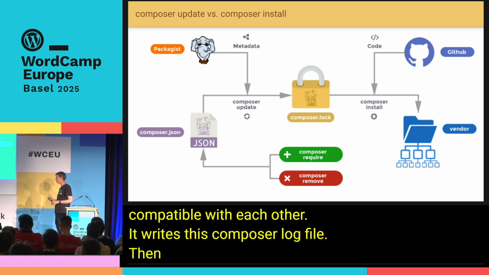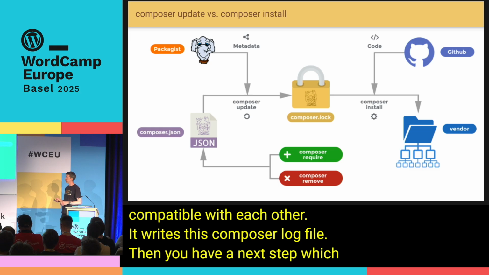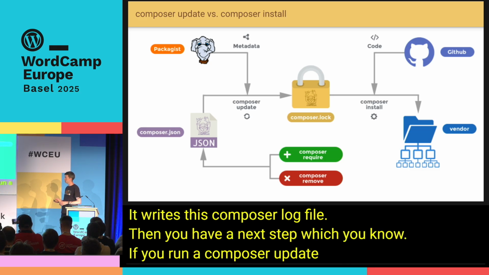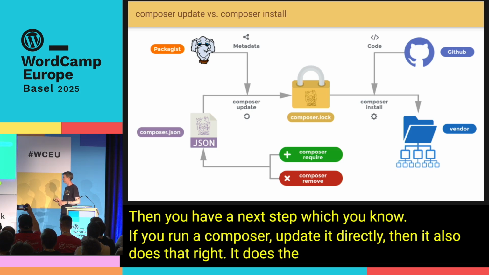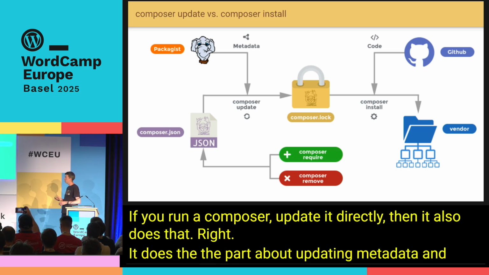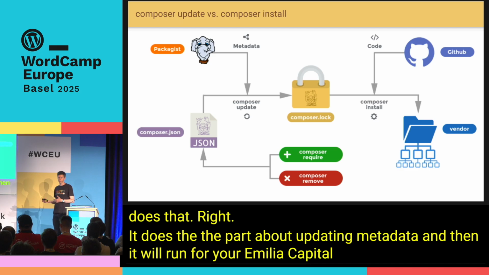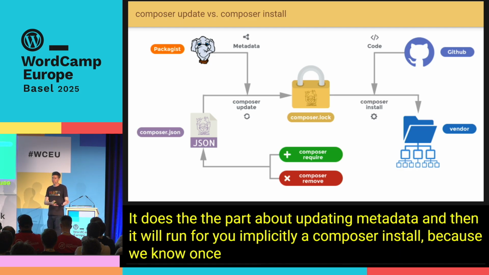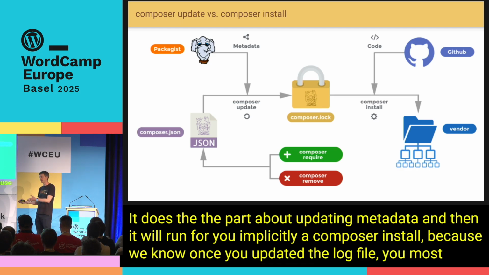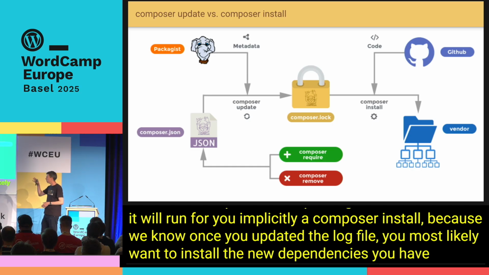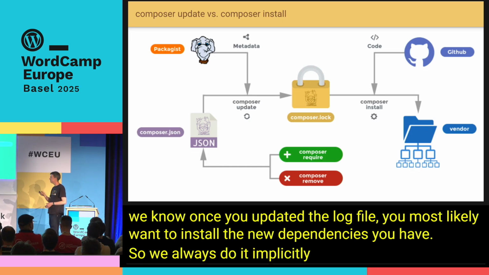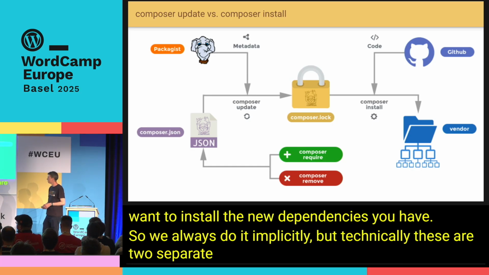Then you have a next step, which, if you run a Composer update directly, then it also does that, right? It does the part about updating metadata, and then it will run for you implicitly a Composer install, because we know once you updated the lock file, you most likely want to install the new dependencies you have. So we always do it implicitly, but technically these are two separate steps.